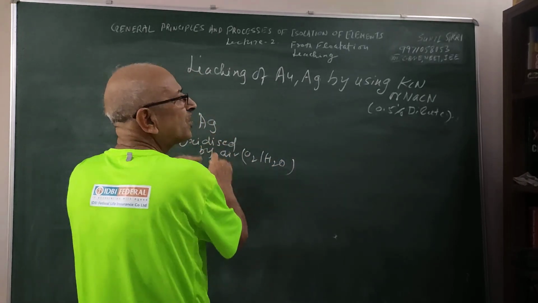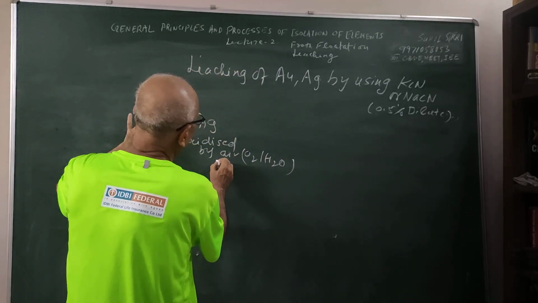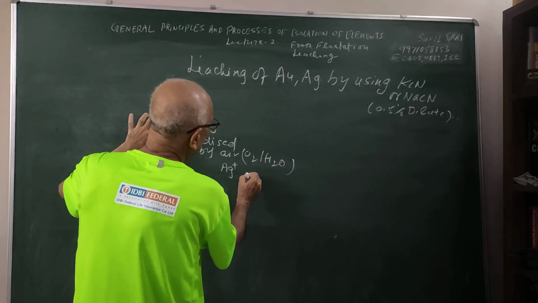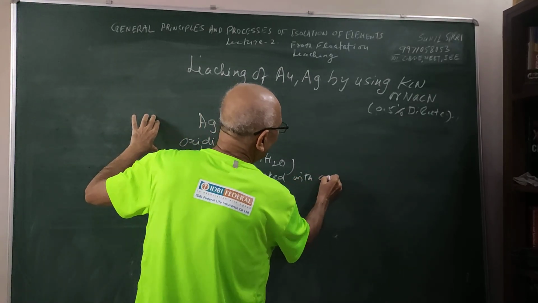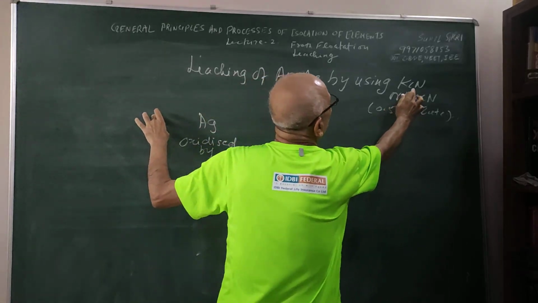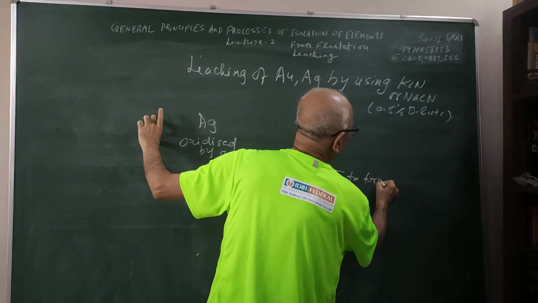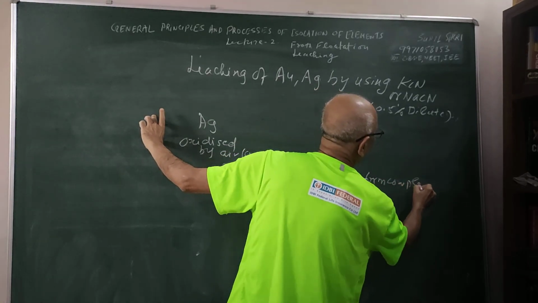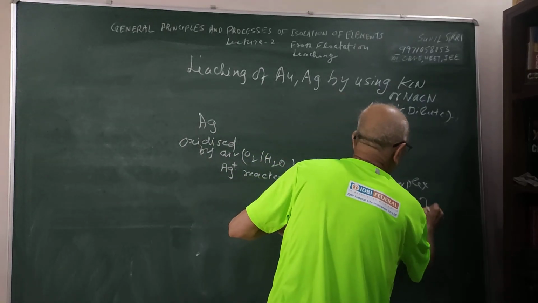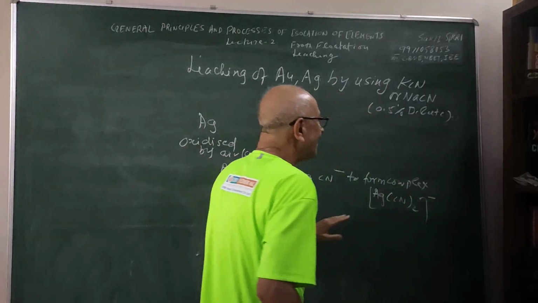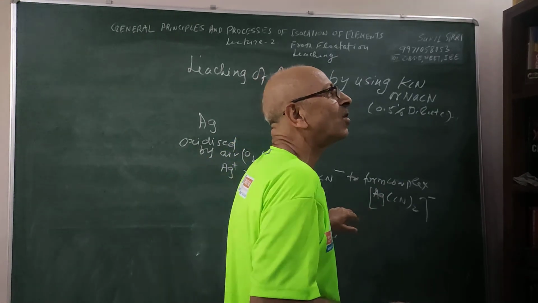A current of oxygen and air is passed, and once the silver is oxidized to Ag+, it is reacted with cyanide, CN-, to form a complex, [Ag(CN)2]-. So this is a dicyanoargentate complex that will be formed.